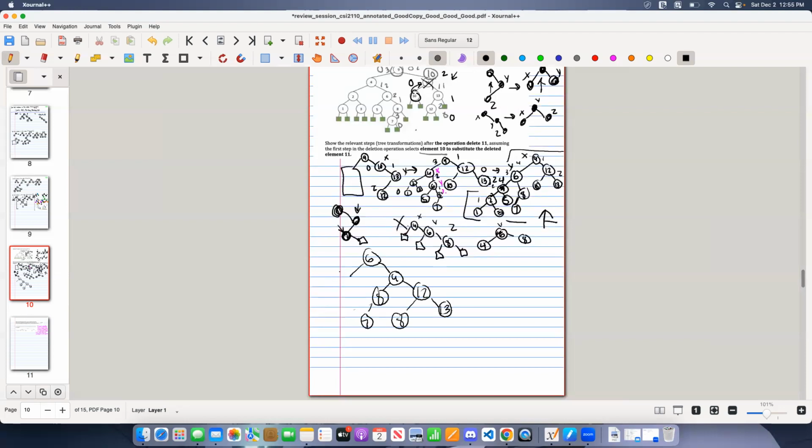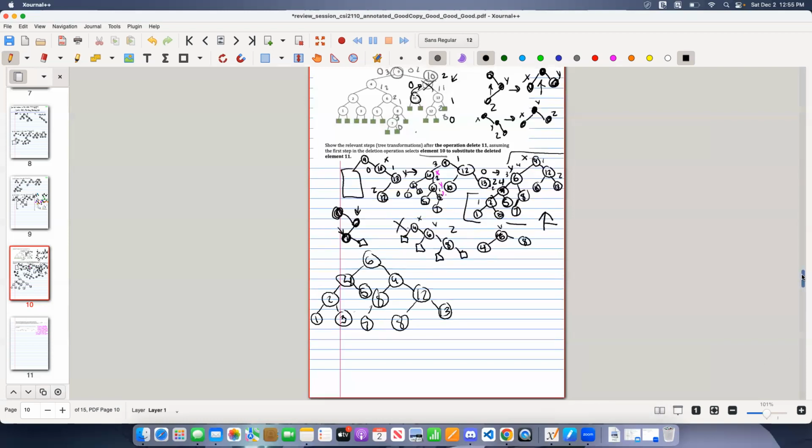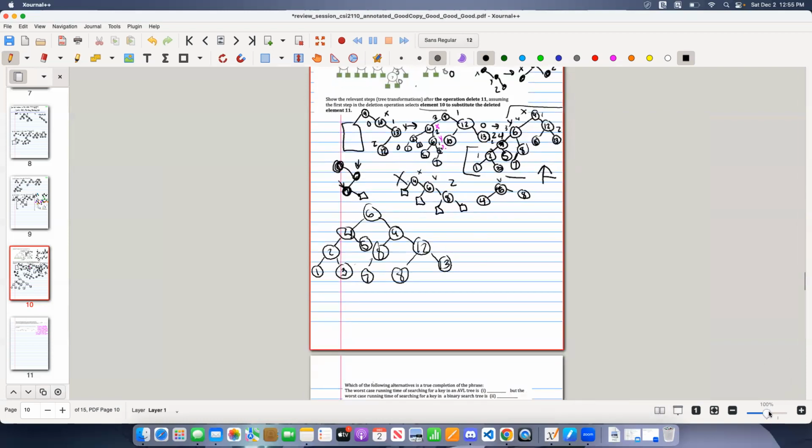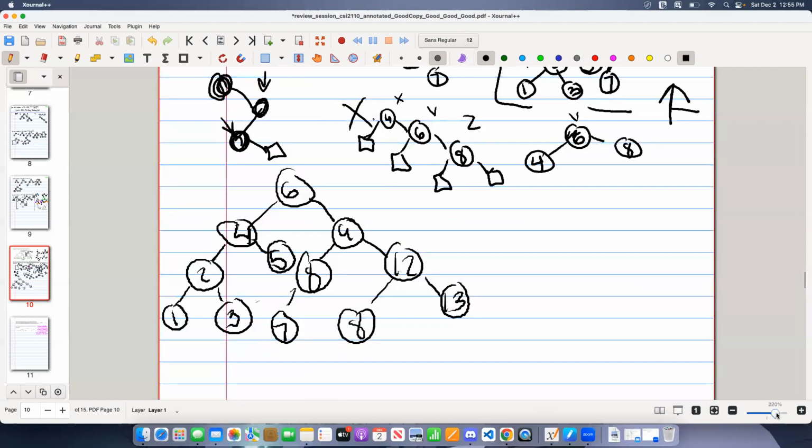And then we have the rest, which is 4, because 4 is Z. And then you have 5 right here. And then you have 2, 1, and 3. Okay, that is your final solution. And I will zoom in so you can see it. And I think that is it.